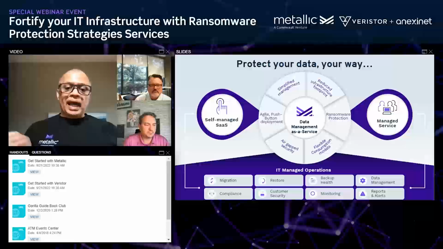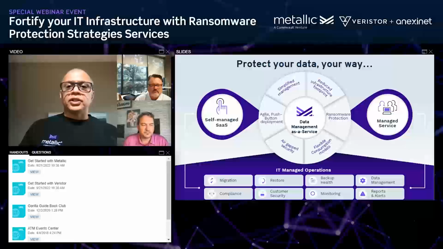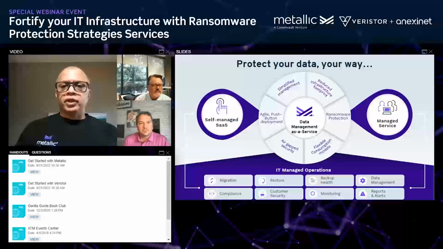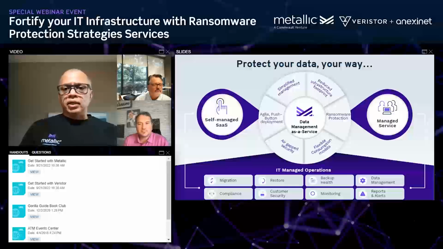Now, in terms of backend architecture, I'll actually address that later, but I'll spend 30 seconds on it now. Metallic is fully redundant, highly available, with very high RAS, as we call it. It's a very high reliability, availability, serviceability, and security metric, and we track that. We replicate data in multiple regions, multiple secure availability zones, depending on where you want your data to be stored, right?